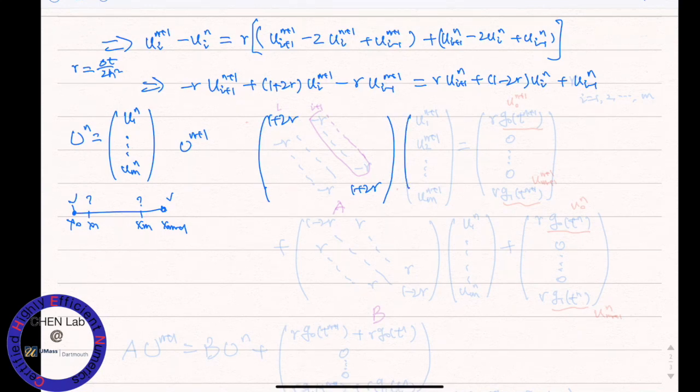Here i is from 1, 2, all the way to m. When i is 1, and when i is 2 and 3 and so on, each one gets an equation, the same fashion as we did for the steady state. This is u_1^{n+1}, u_2^{n+1}, all the way to u_m^{n+1}. On the subdiagonal we're going to have minus r. Here is minus r.